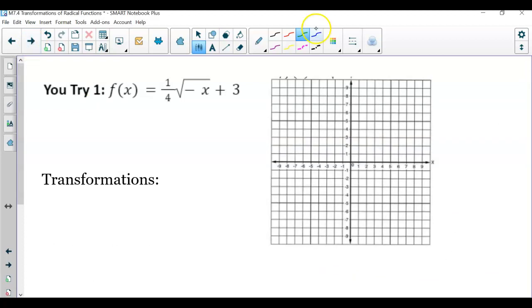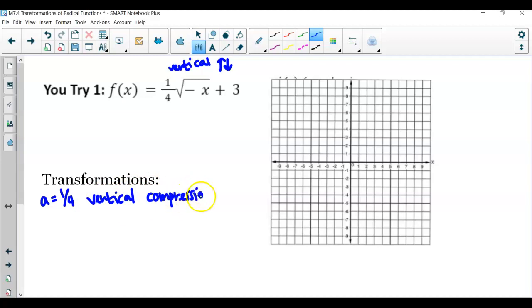And here we go. Notice how, anything that's a value on the outside has to do with vertical, or up and down. Now notice that A is equal to 1/4, which means that this is a vertical shrink or vertical compression, because now the value of A is less than 1.